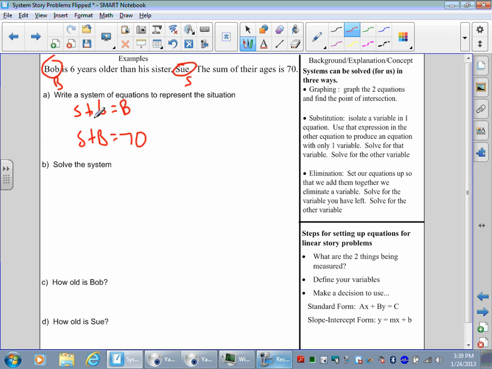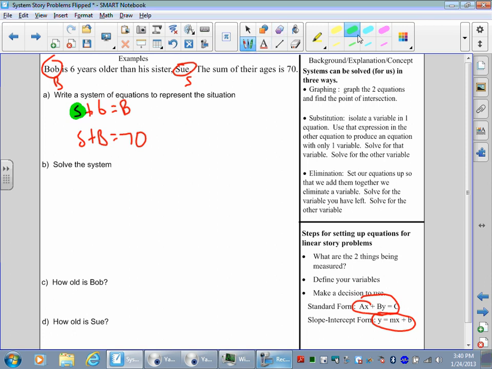So again, the first one is written in slope-intercept form, and the second one is written in standard form. So here we're mixing it up a little bit. Now, how could we solve that? Well, it might be easy for us to get S alone in this equation.